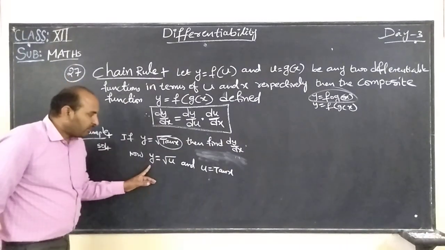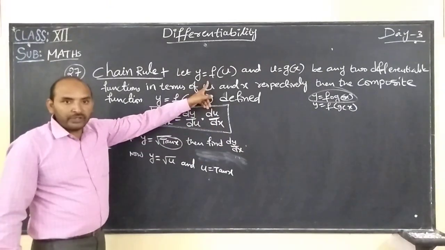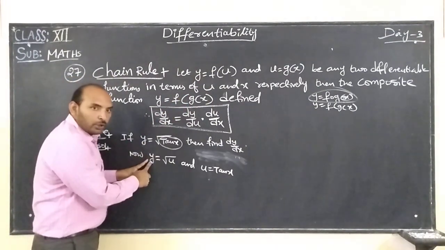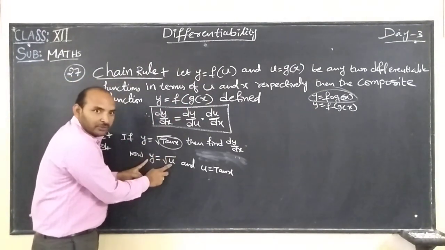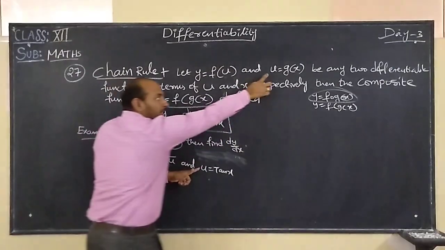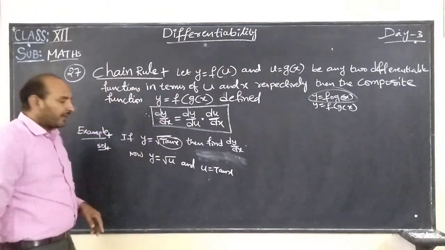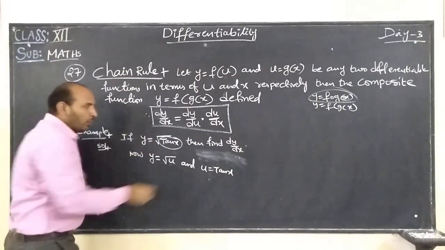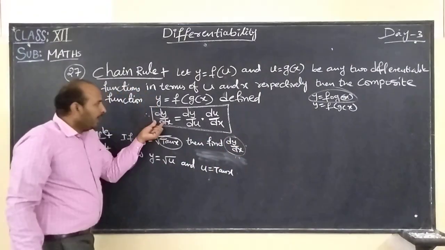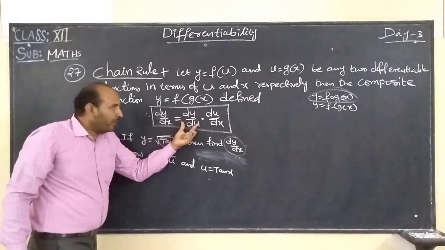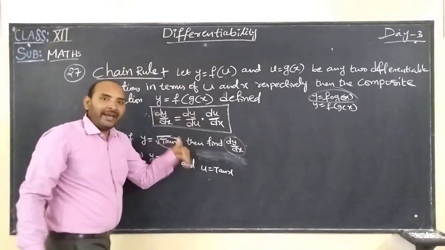Now this is one function, this is another function. According to the definition, y is equal to root u is a function in terms of u, and u is equal to another function in terms of x. Two different functions. To get dy by dx, first we have to find dy by du and again du by dx.